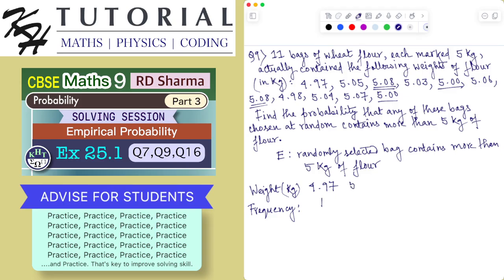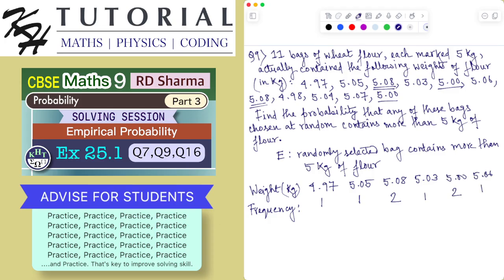So similarly, 5.05 we will have 1. 5.08 we will have 2. 5.03 we will have 1. 5 we will have 2. 5.06 we will have 1.